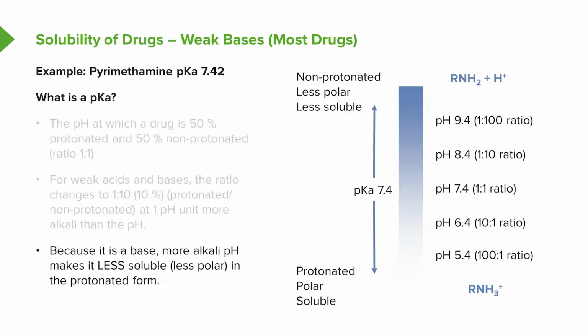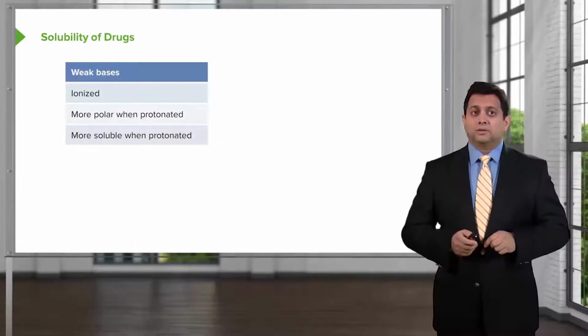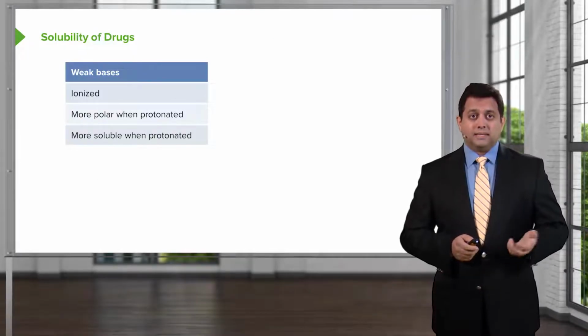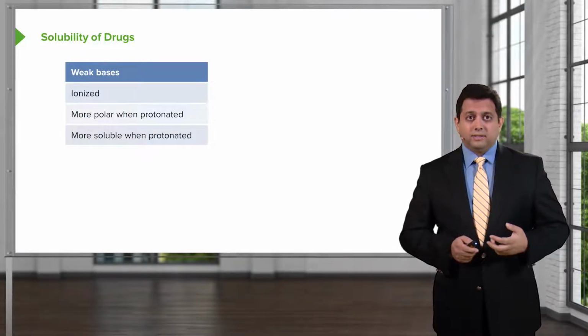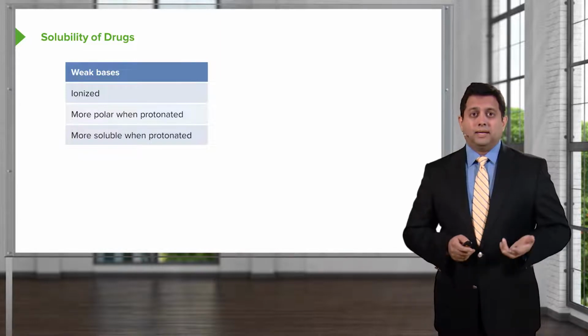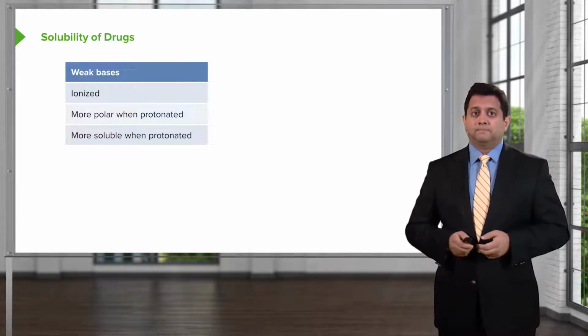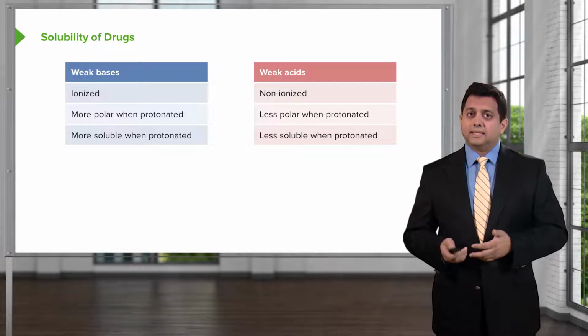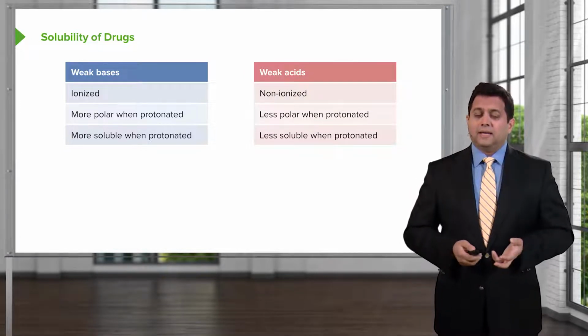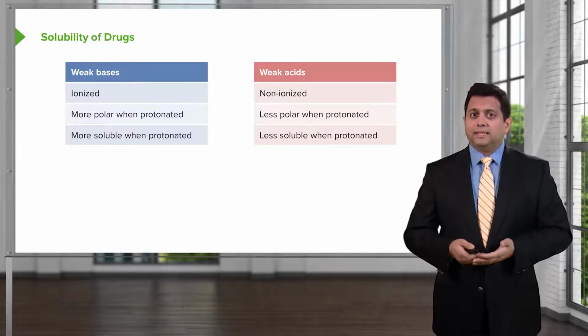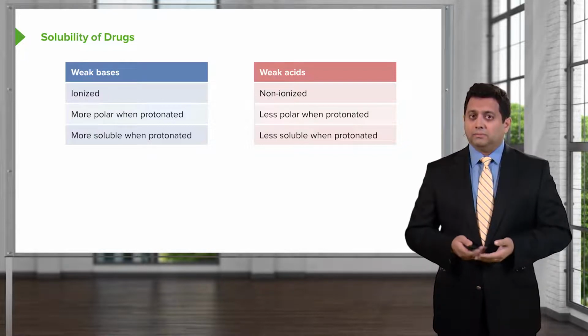Now, because it's a base, the more alkali the pH is, the less soluble or less polar it becomes in the protonated form. So to go over it again, weak bases are ionized, more polar when protonated, and more soluble when protonated. Weak acids are not ionized, less polar when protonated, and less soluble when protonated.